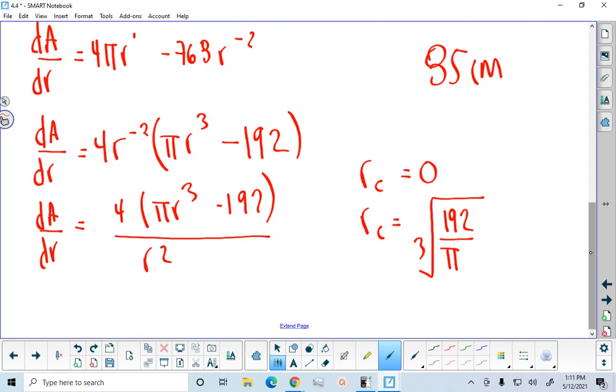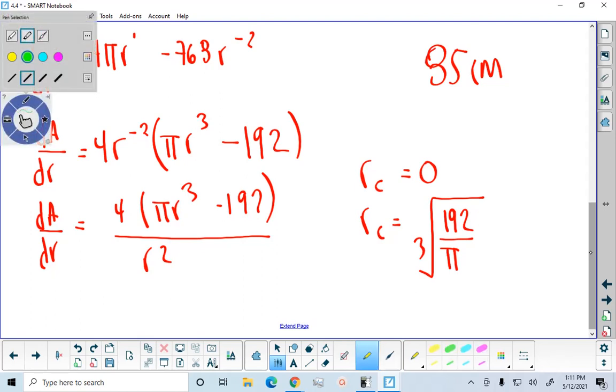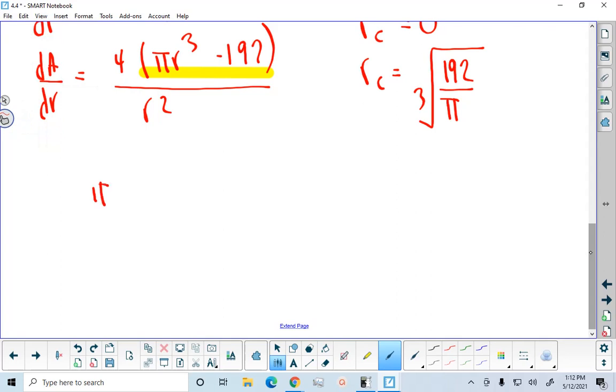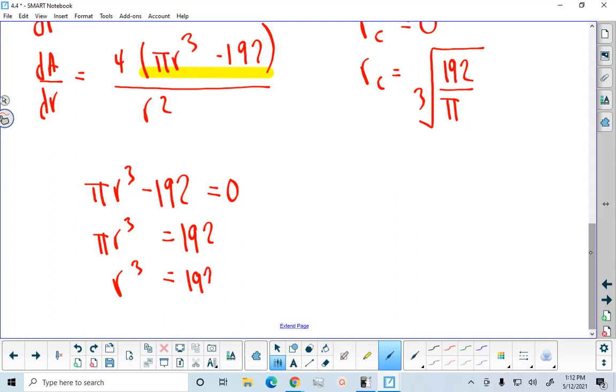I suspect that many of you can merely see that, but in case it's not obvious, what we're doing is asking where pi r cubed minus 192 equals 0, because then the derivative would be 0. I add 192 to both sides, I divide both sides by pi, and that leads me to taking the cube root.